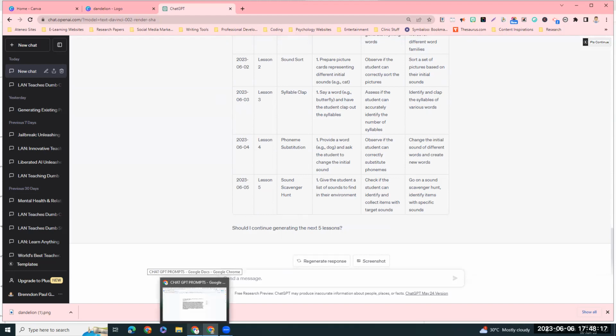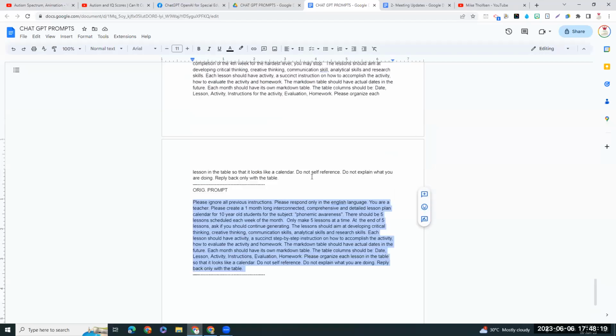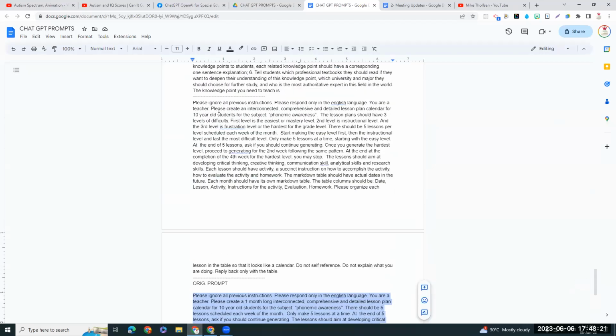What I did with that prompt is I made it more detailed and more comprehensive. I asked it to give me three levels of activity. The first level is the easiest one, the mastery level.